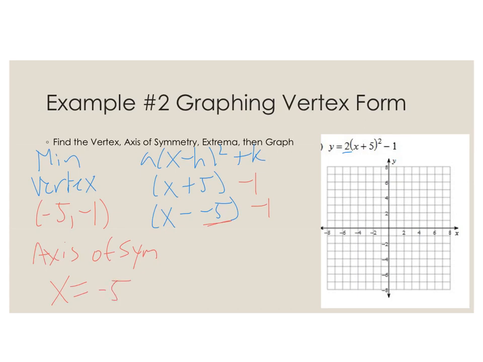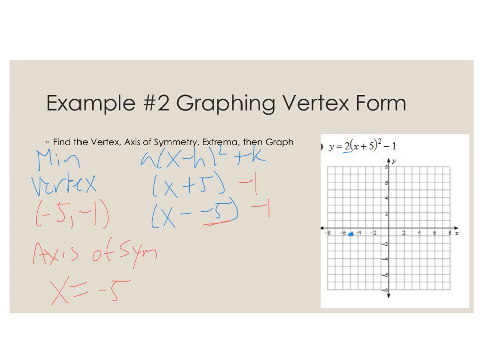Now I found all three things, but to graph I need to have at least 5 points, and I only have 1 point, the vertex at negative 5, negative 1. I really need to use my graphing calculator and the table to find all the other values. So grab your calculator, go to y equals, type the equation in, push graph, take a look at the graph, see if it looks correct, it is a minimum, and then go to the table.